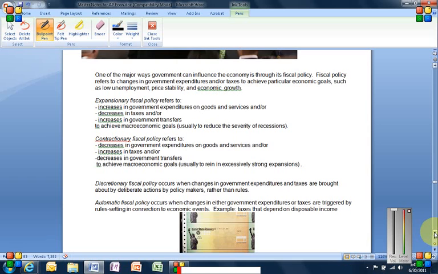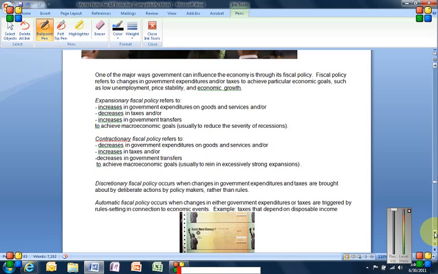The federal government in any country that would use these tools can use one, two, or all three of them simultaneously, depending on how urgent they feel the need is to have expansionary fiscal policy take place. But of course, expansionary fiscal policy would attempt to reduce the severity of recessions.